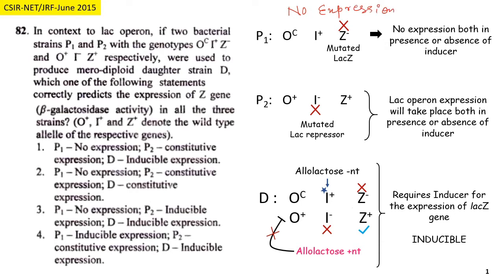In case of P2, the beta galactosidase gene will show constitutive expression. And in case of merodiploid, it will show inducible expression. That is, it will express when inducer molecule is present, and it won't express if inducer molecule is absent. Inducible expression. So on the basis of all this discussion, we know that option 1 is the correct option.